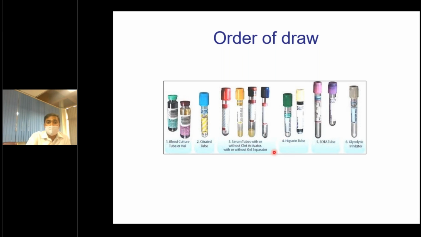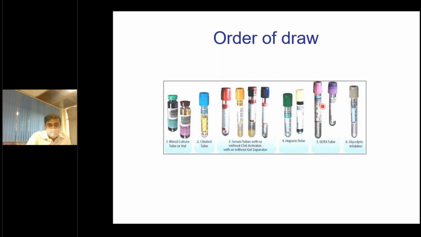So this order is very important, because if you take the blood sample at the end, you might end up with contamination, because you will be constantly touching the venipuncture area. Or if a citrated tube is used later, I already told you there is activation of clotting factors. If EDTA is used prior to the plain sample, EDTA is a very strong chelator, and contamination of the successive sample with EDTA can lead to chelation of divalent ions such as calcium and magnesium.